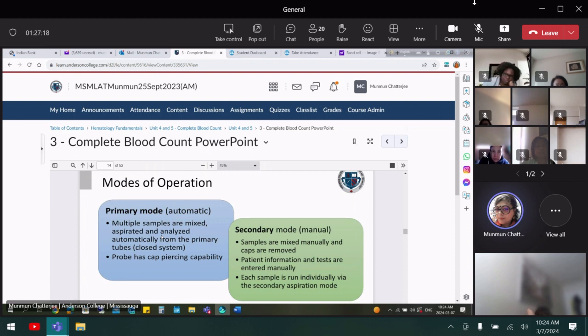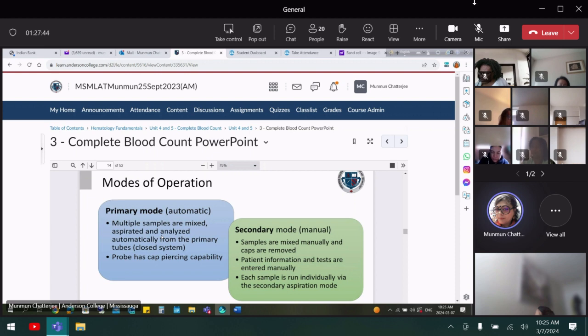Okay, because from the same tube, if it is in the same hematology department, that works. But if the tube has to go to the chemistry department, for what test? Hemoglobin A1C, exactly, because that only goes to the chemistry department, and for that you need a separate tube.